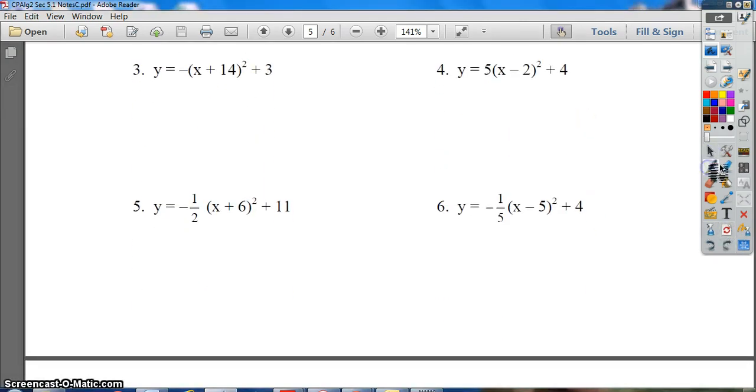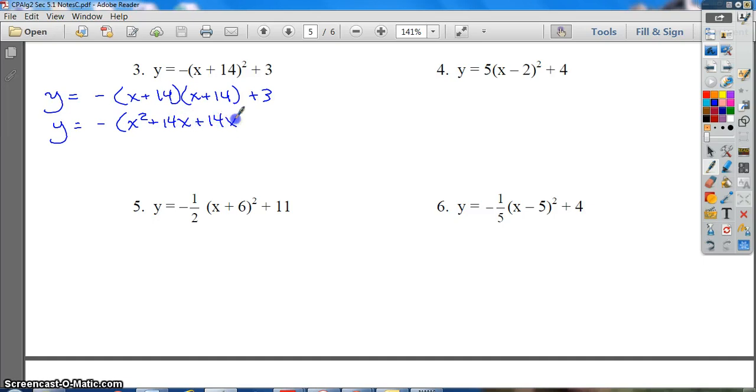So there's 1 and 2, 3 and 4, a lot of writing. So best practice is to expand this guy to look like this: x plus 14 times x plus 14 with a negative in front. Okay? So I'm going to FOIL first, and then I'm going to distribute in that negative when I'm finished FOILing. Parentheses are key that you keep them because you don't want to add the 3 until the very end. Because of order of operations, addition is very last.